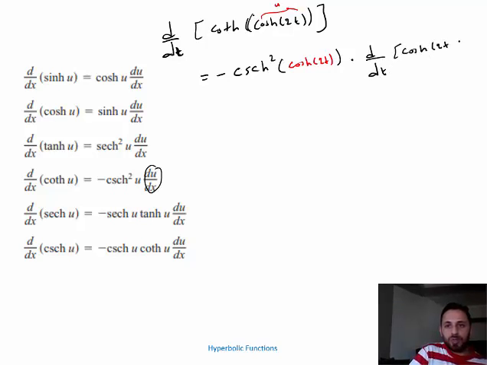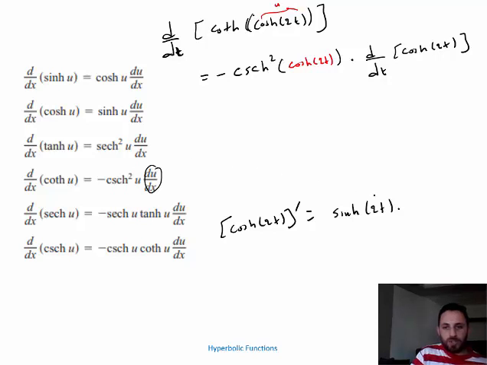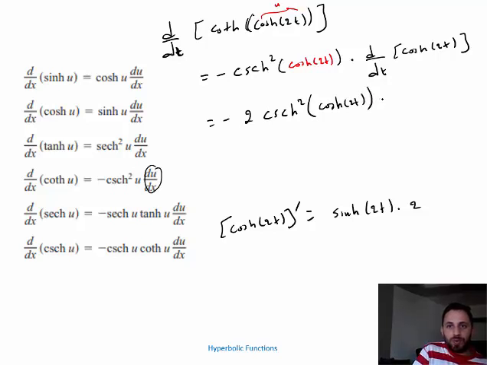The derivative of cosh 2t is sinh 2t multiplied by the derivative of the inner function, the chain rule, which is 2. This yields minus 2 csch of cosh 2t, times sinh 2t.